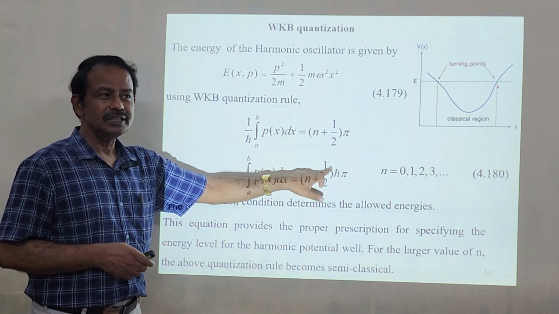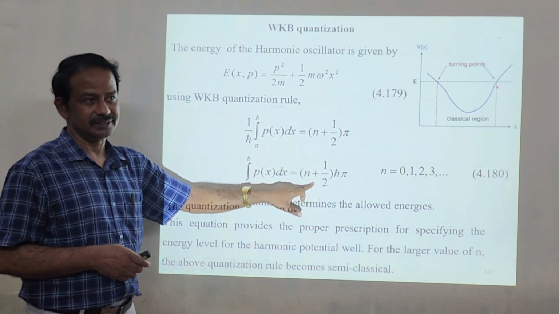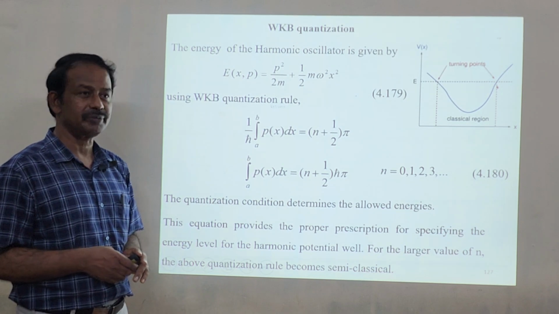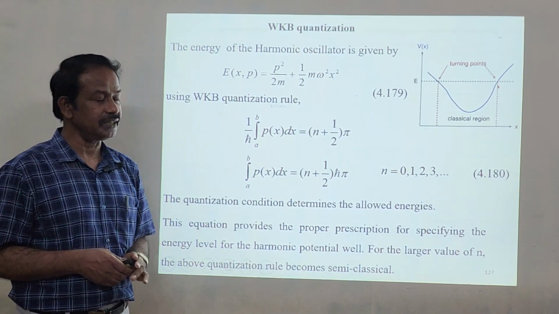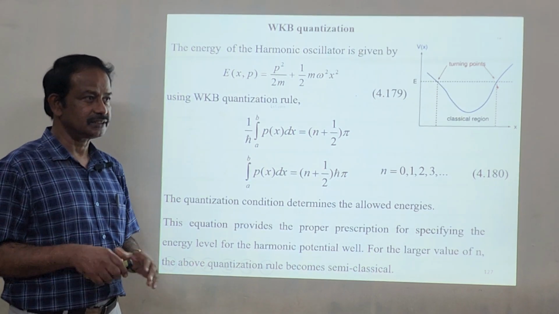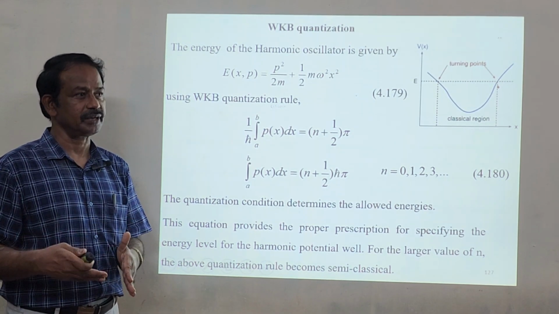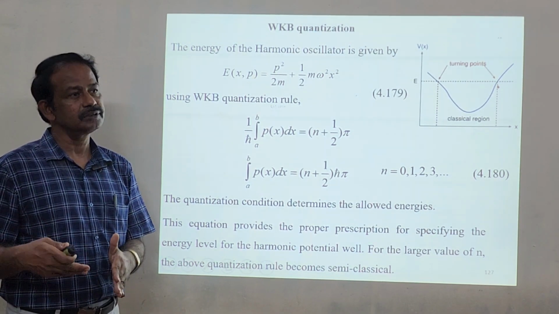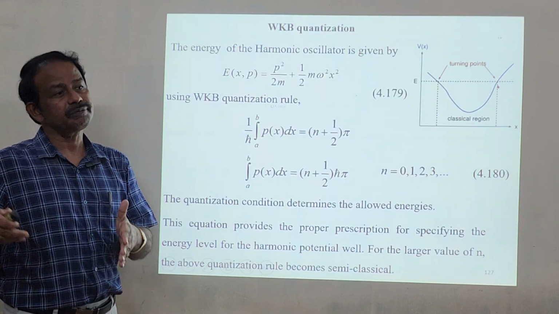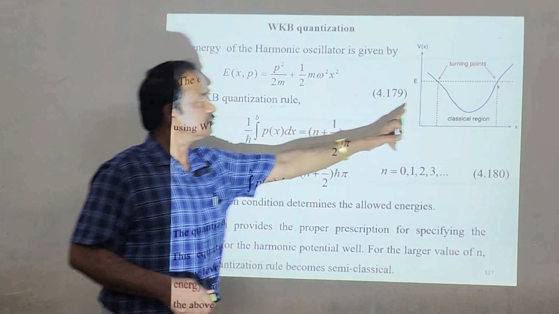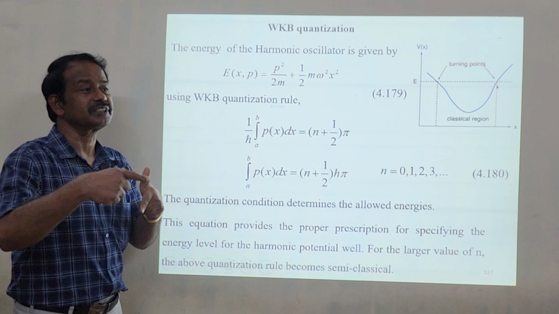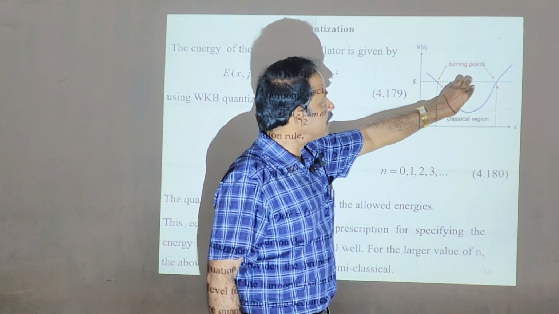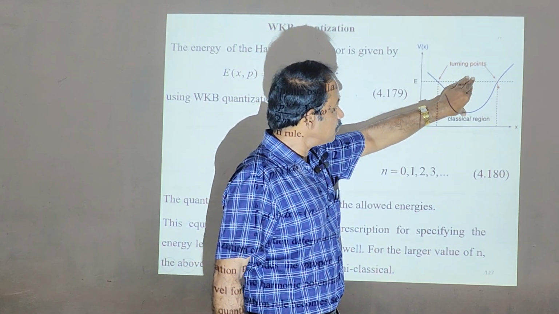This will give you the permitted allowed energies, n plus half h bar omega. When n equals 0, you will have half h bar omega. When n equals 1, we will have 3 by 2 h bar omega, then 5 by 2 h bar omega. They are all allowed energies. So it means that this is an oscillatory function, and quantum mechanics says the oscillating function will take place.